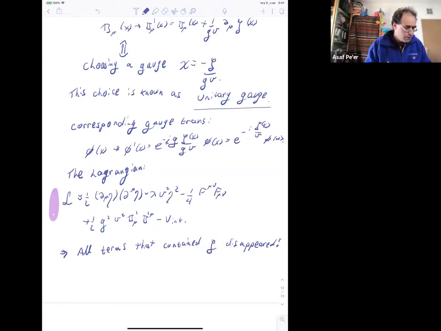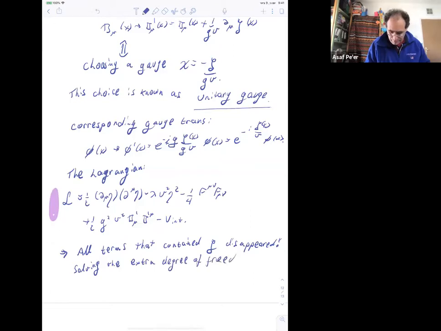So, solving the extra degree of freedom problem. We say simply that the Goldstone boson was eaten by the gauge field.